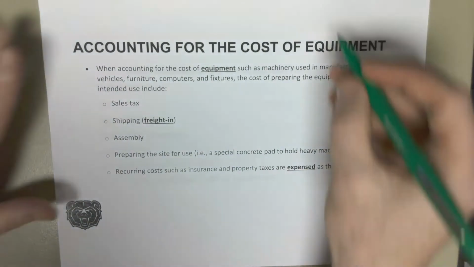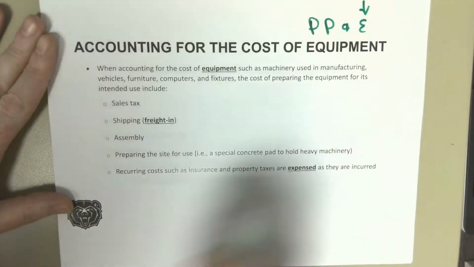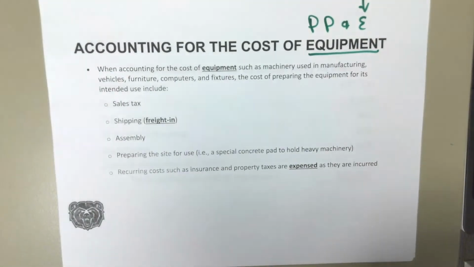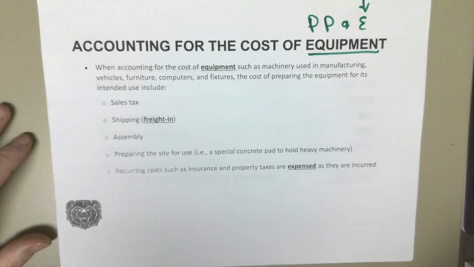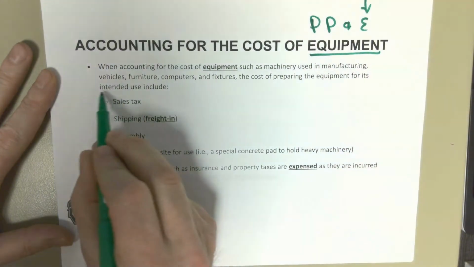And equipment, this is the next one. So you have P, P, and E. This is the E, right? This is equipment, okay? So when you account for the cost of equipment, like machinery that you use in manufacturing, vehicles that you use for delivery, vehicles that you use in your everyday operations, any furniture that you have, computers, any fixtures, the cost of preparing the equipment for its intended use.